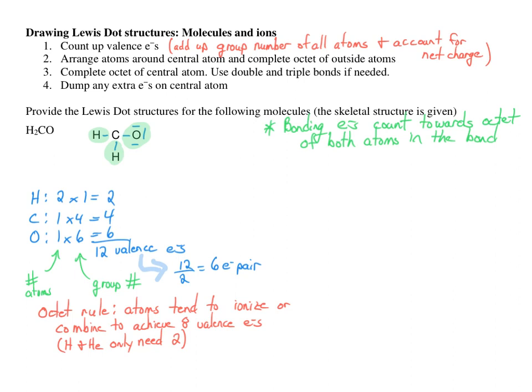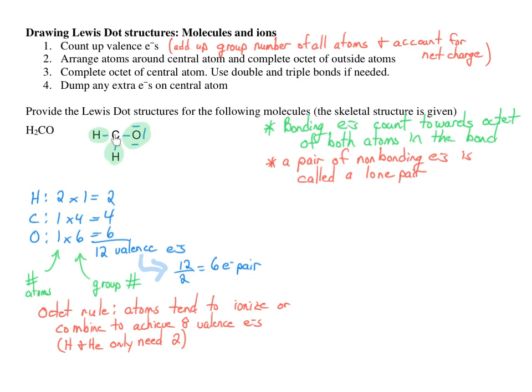Each line represents 2 electrons. So oxygen has a complete octet. Oxygen has 1 bonding pair and 3 non-bonding pairs assigned to it. These pairs of electrons that are not involved in bonding are called lone pairs.